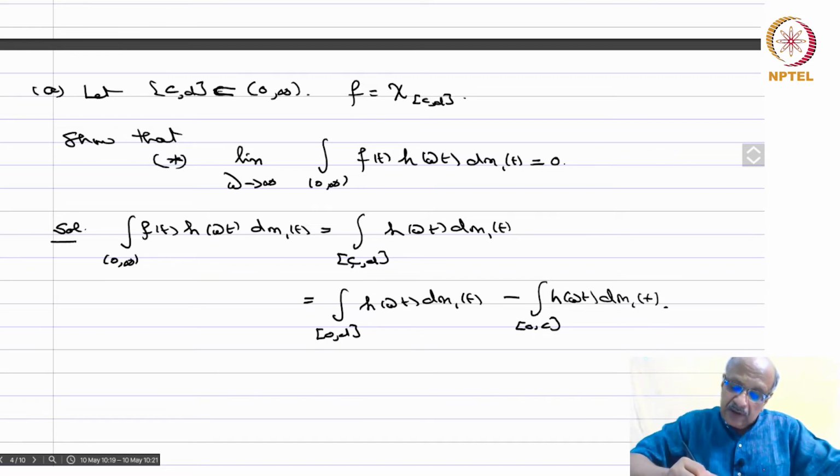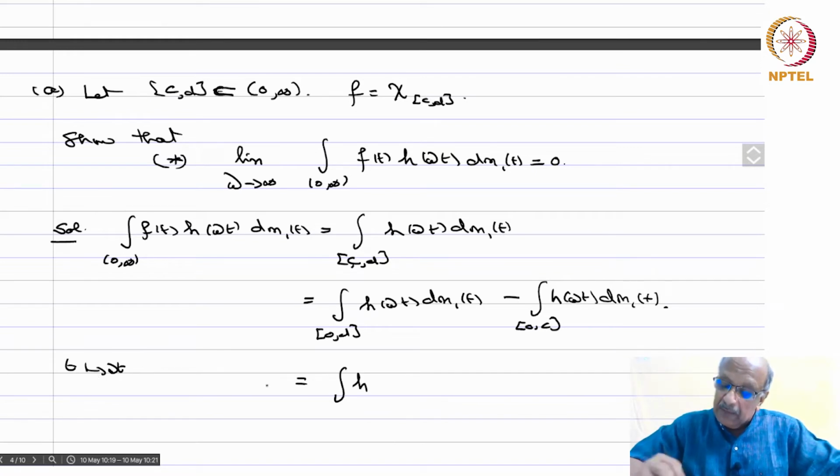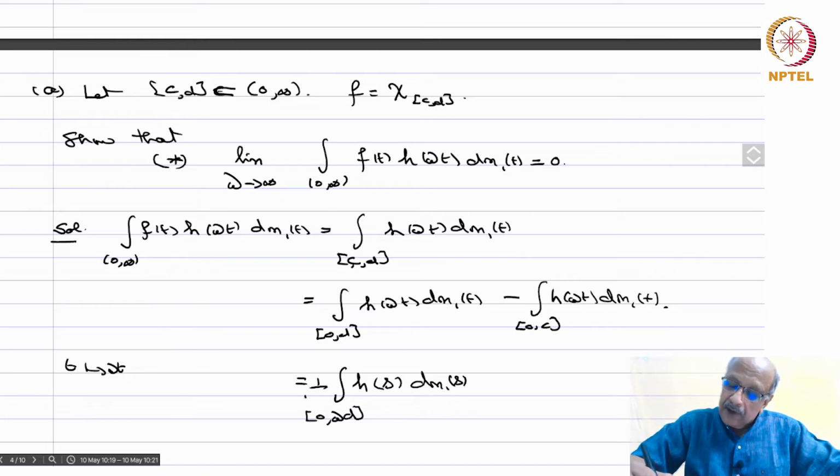Now you can change the variable t going to ωt, and therefore this will become an integral of h. So it's a linear thing, the determinant is ω to the power n, this is a diagonal. Anyway, this is only one dimension, so you have this is 0 to ωd, sorry, of h(s) dm1(s) times 1 over ω, because ω dt is ds, so you have 1 over ω coming.